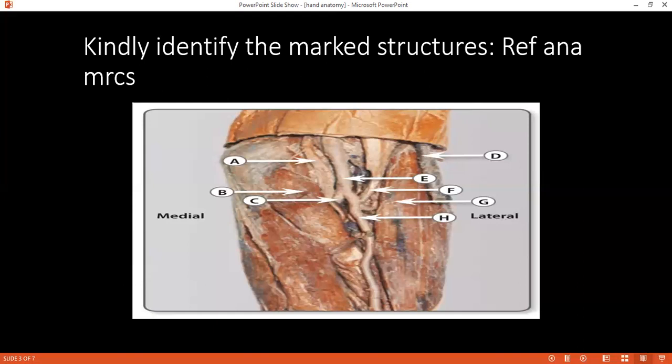All right. If you can tell me from superficial to deep structures, from skin downwards, where would you find what in the cubital fossa?